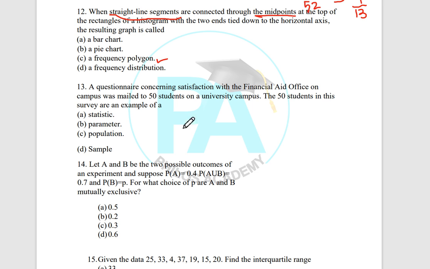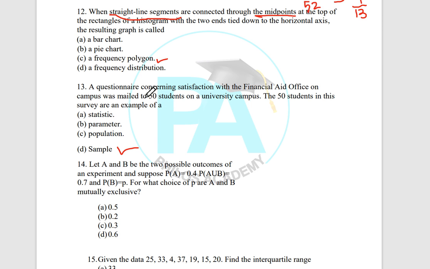So let's proceed to question 13. Question 13 says, a questionnaire concerning satisfaction with the financial aid office on campus was mailed to 50 students on a university campus. The 50 students in this survey are an example of A. So question 13, what do you think the answer is? It should be a sample.